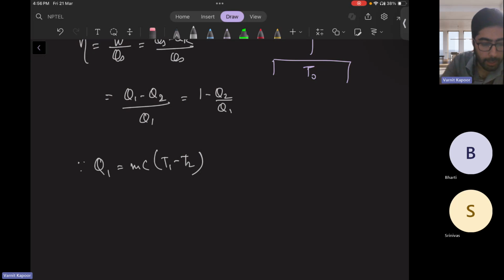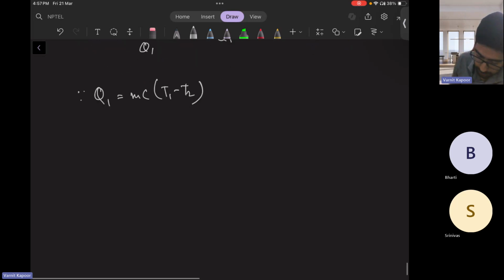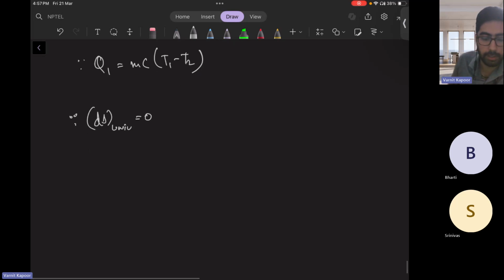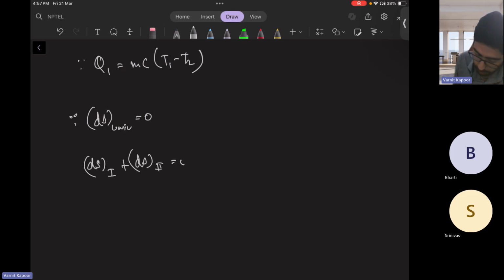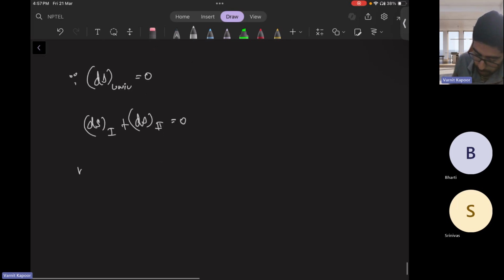Now, for a reversible case, you know that the entropy of the universe should be zero. So since dS of universe for a reversible case should be zero, let's assume that the surrounding has zero entropy change, and then dS1 plus dS2 equals 0. So what is dS1? mC ln(T2 by T1). And what is dS2?